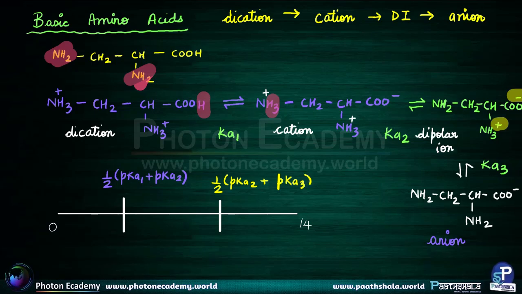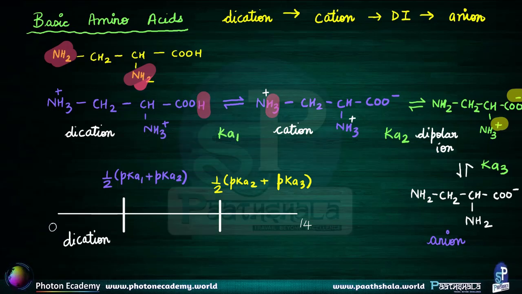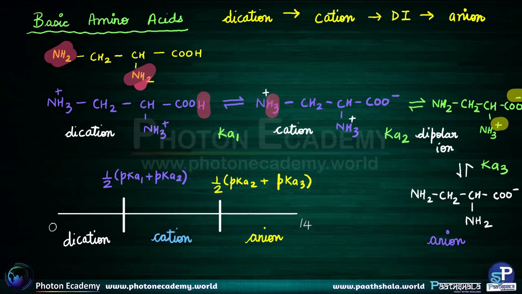At the beginning we had the dication in a larger amount, followed by a cation in large amount in the midsection of this pH scale, followed by an anion at the end of the scale. So if we have to find the isoelectric point, we know that the isoelectric point is midway, where the cation and anion have equal concentration, and therefore this particular part gives us the pI, that is the isoelectric point.